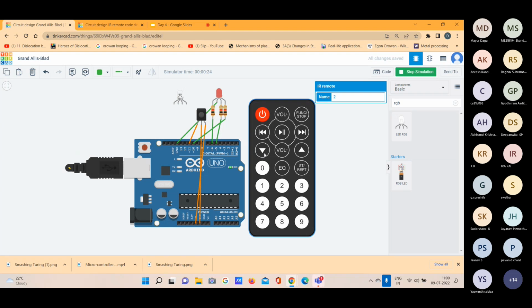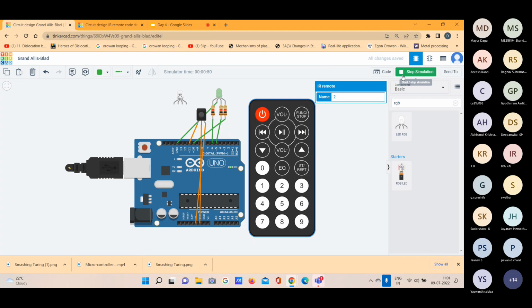Also, I want to control the brightness of the red color. This is for decreasing the brightness and this is for increasing the brightness. And I also want this brightness to be retained for other pins. Suppose I press 2, then the green also should have the similar brightness.